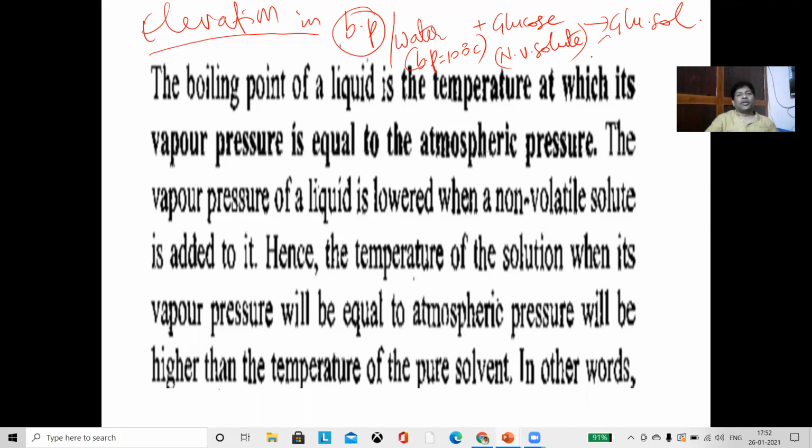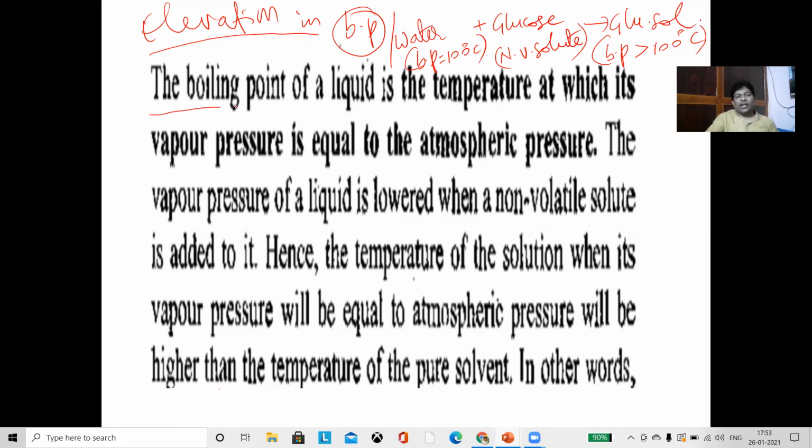The boiling point of the glucose solution is more than what? 100 degrees Celsius, greater than 100 degrees Celsius. That means the boiling point of the solvent, water, has been elevated, has been increased. So this is called elevation in boiling point. It is another colligative property.